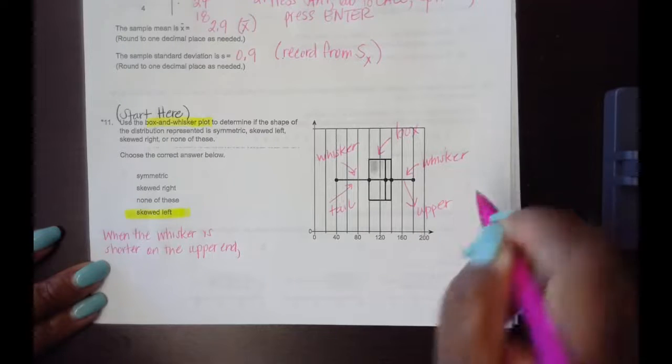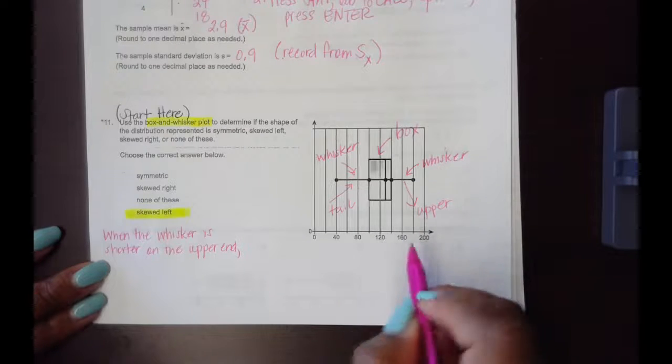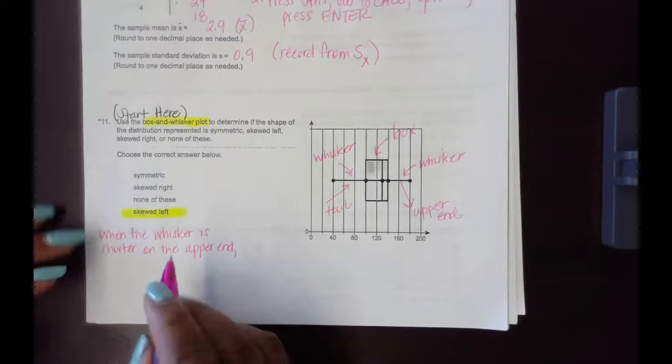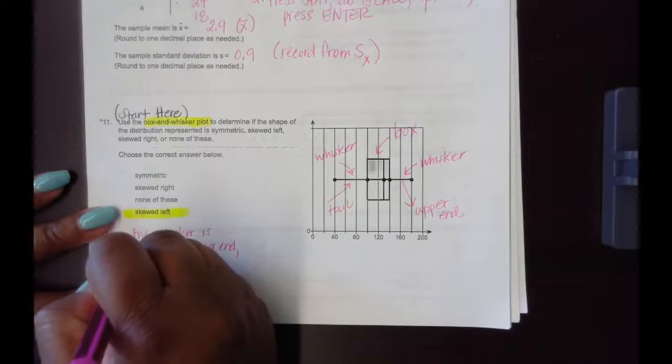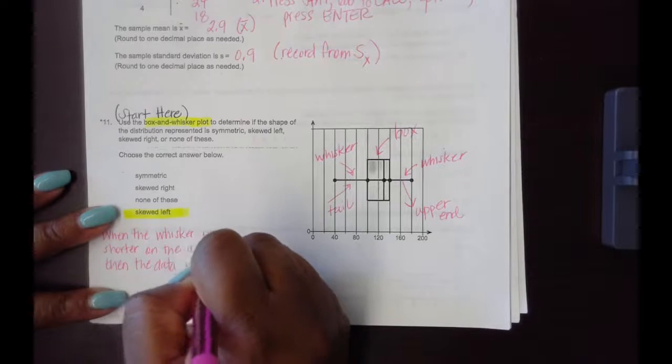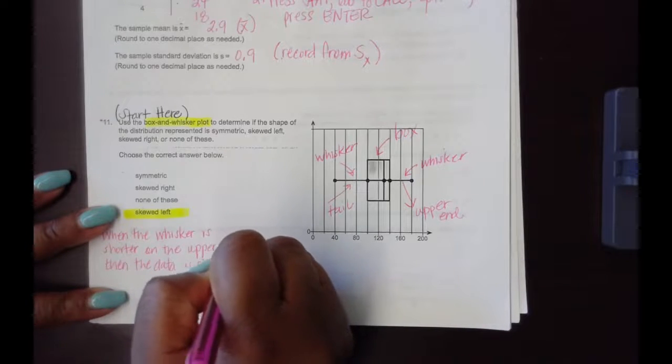It's only called the upper end because the numbers are greater on this side. Then the data is skewed left.